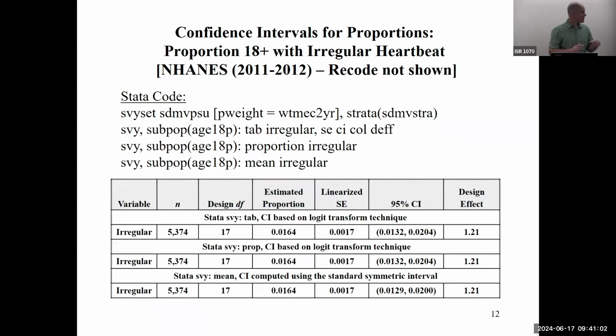Right, so in the survey command, we would say like subpop, but again, before the colon, we might say vce jackknife or something like that, if we wanted to do that on the fly. But in the NHANES, we're given those stratum and cluster codes for the purpose of variance estimation. So we're fine just using linearization as it is. Yep. The key point in this example is the change in the confidence intervals.